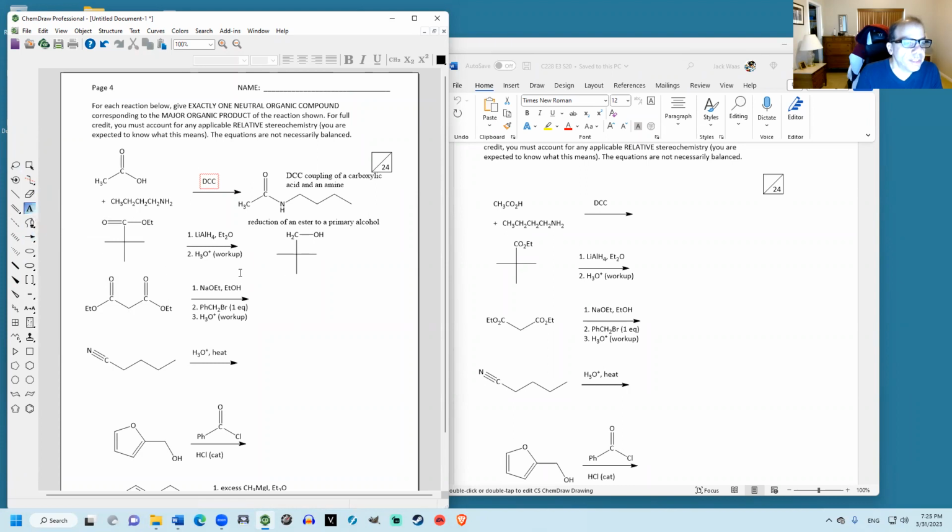And the next one is alkylation of an enolate. This question's a little bit dirty. The way we did it this year was like this.